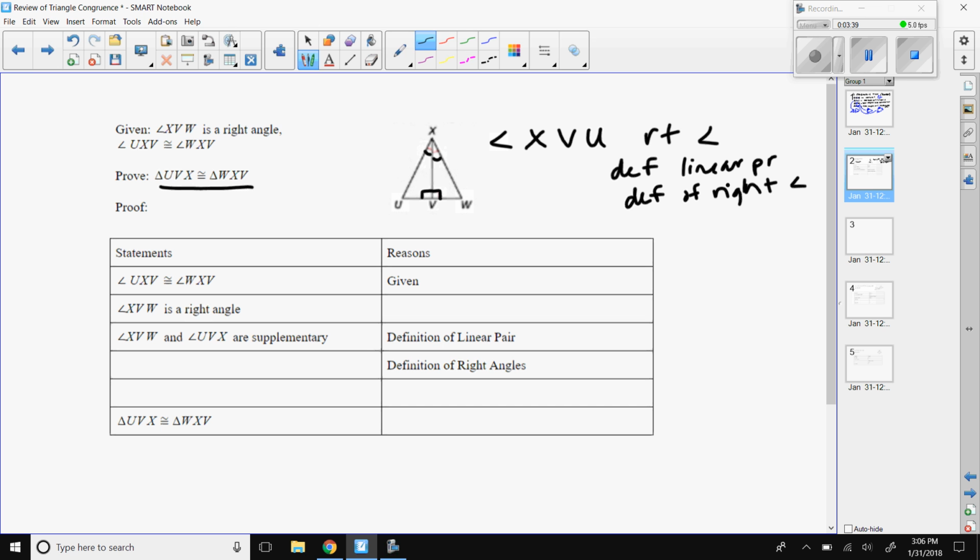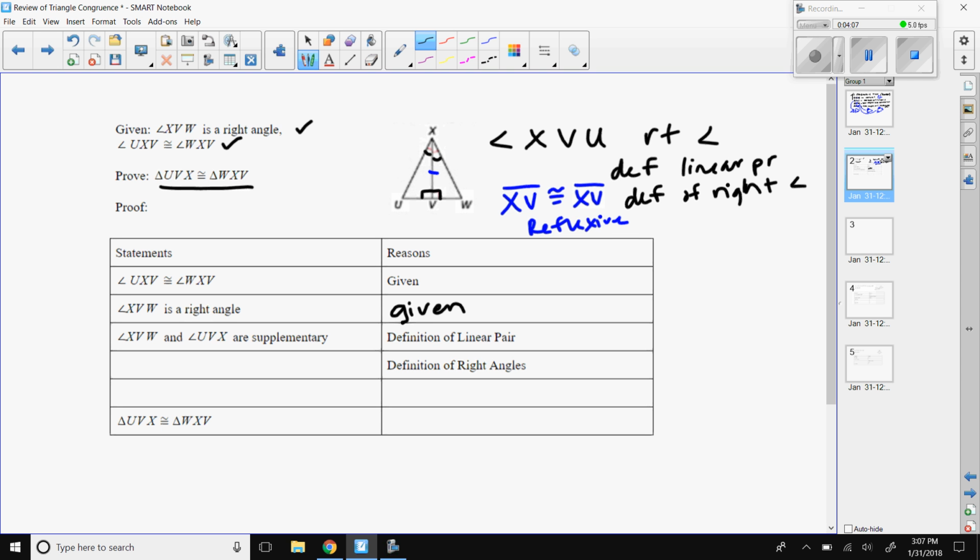The second thing you want to be able to pick out is that the two triangles share this side. So XV is going to be congruent to itself by the reflexive property. As we're filling in our proof here, you have your angles, which were given to you. You also have that this is a right angle, which was given to you.